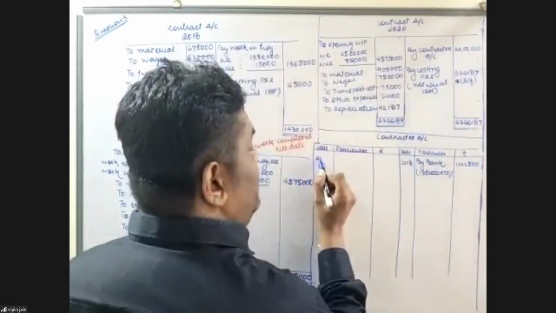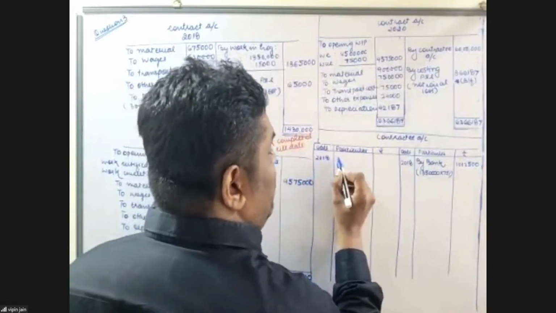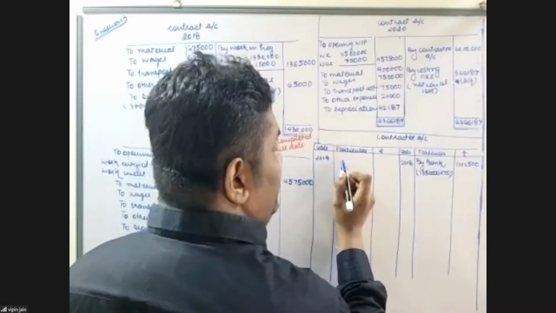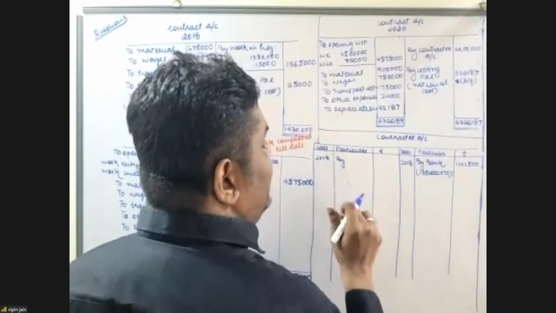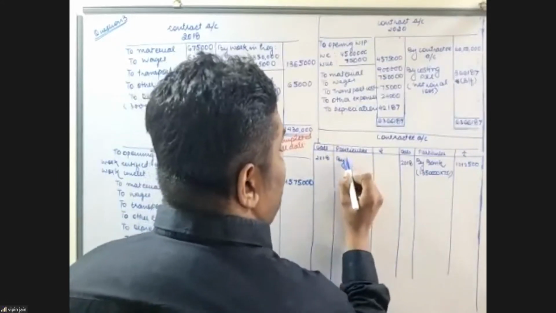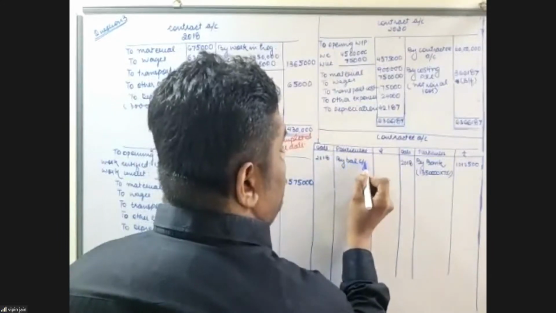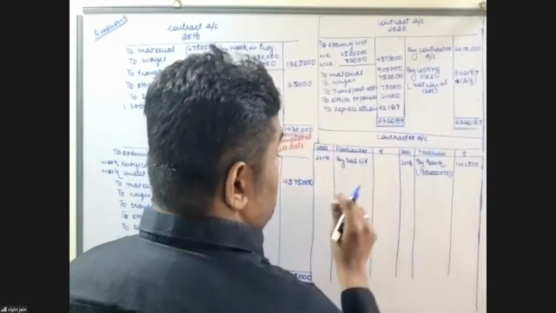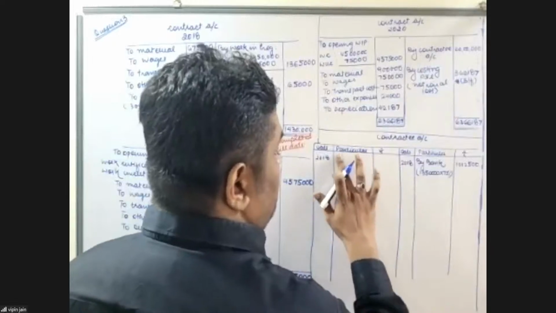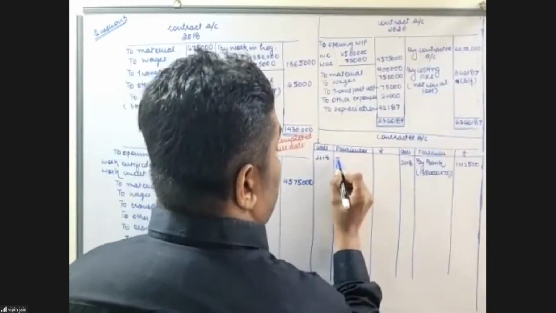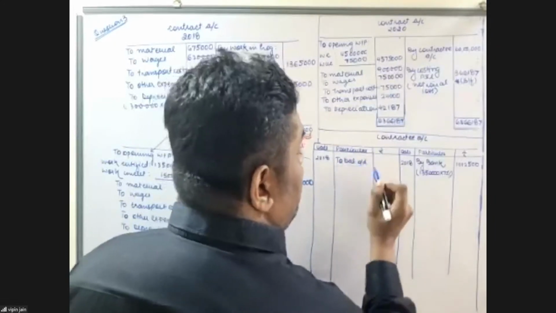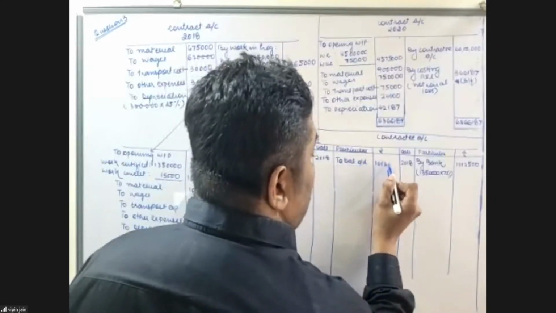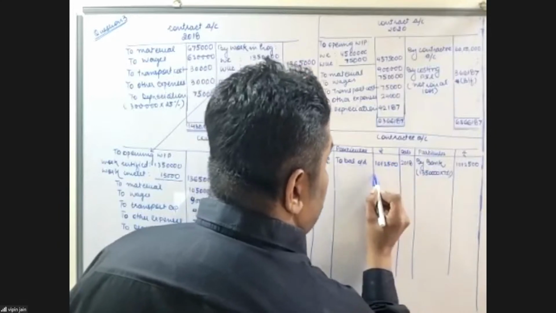So in the year 2018, my contractee account balance that will be shown on the liability side, that will be deducted from work in progress, will be by balance carried down, 10,12,500.